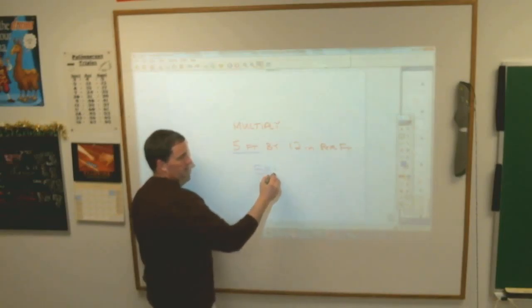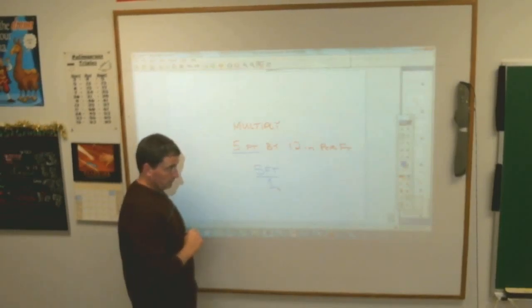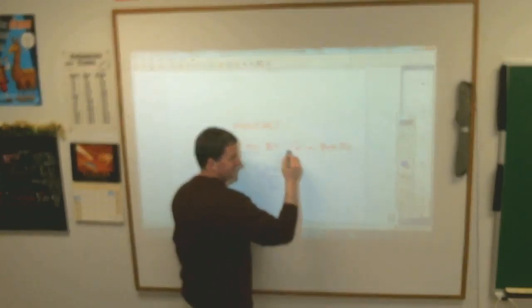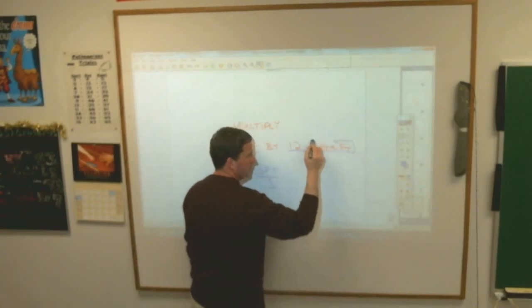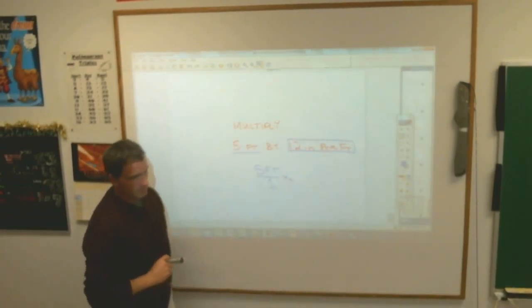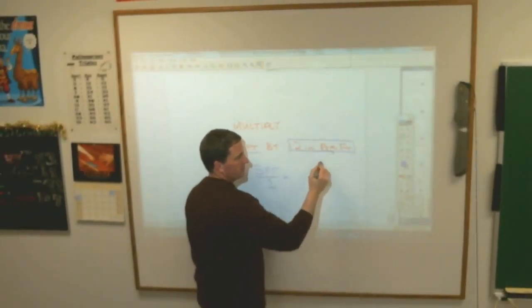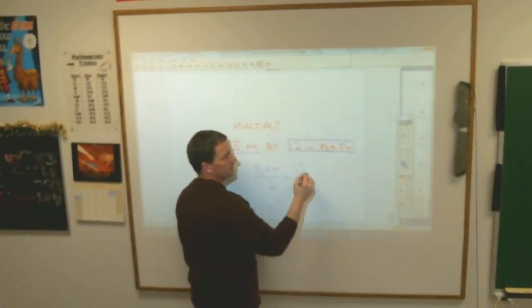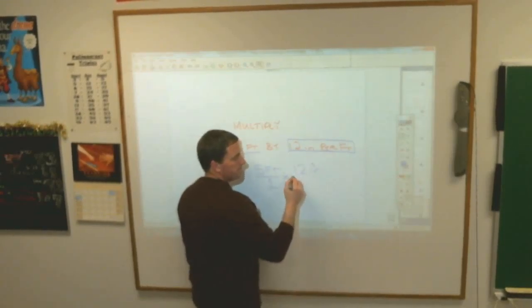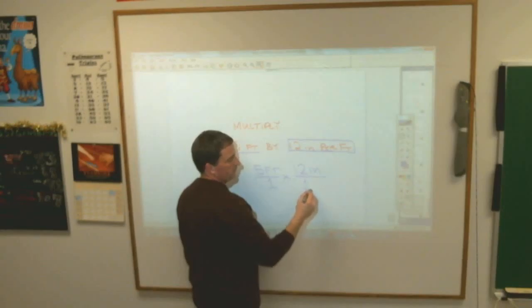Since this is going to end up being a fraction, I'm going to make this a fraction and put it over 1. What does this look like? How do you write 12 inches per foot? Again, the word per is the fraction line, so it is 12 inches per, and it doesn't have a 1 there, but you know it's per 1 foot.